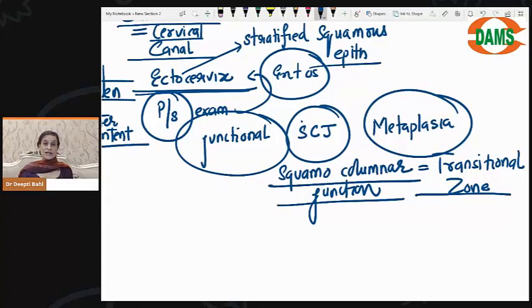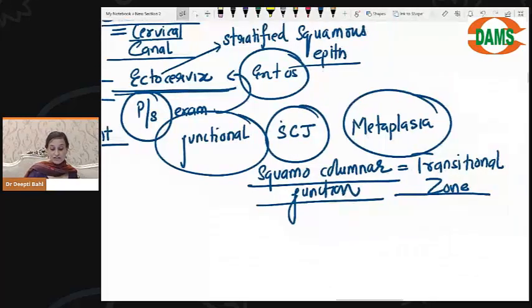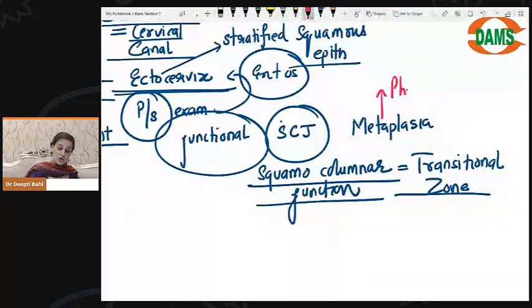So when the epithelium changes from one form to another, it is metaplasia. What you have to remember is that metaplasia is physiological at the level of the cervix.